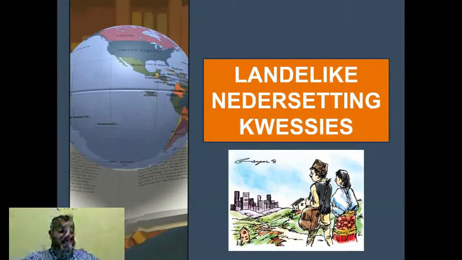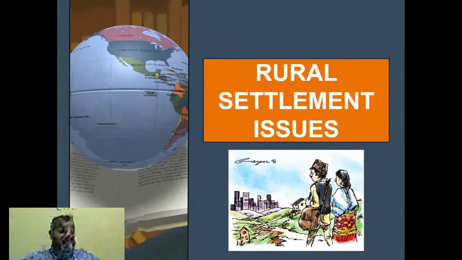Now the first and most important thing: the movement of people from the rural to the urban areas is called rural-urban migration. Please listen carefully. It is called rural-urban migration. Landelike, stedelike migrasie. That is the movement.